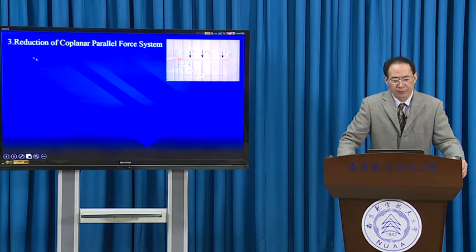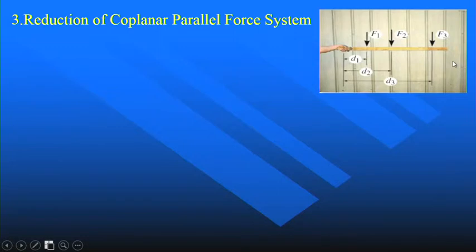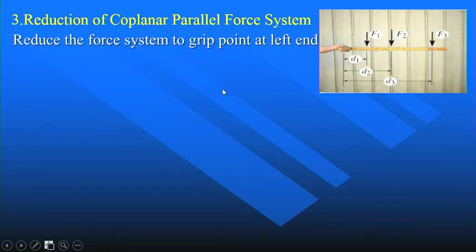The third case, reduction of a coplanar parallel force system. In the diagram, we can see there are three parallel forces acting at points with distances d1, d2, d3. First we can reduce this force system to the left end point, that is a grip point.